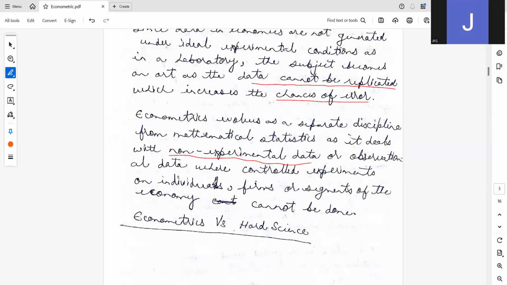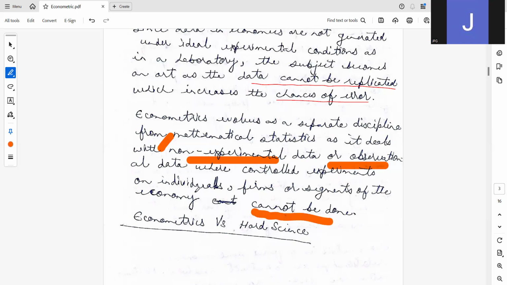So if I speak of econometrics, it has evolved as a separate discipline from mathematical statistics as it deals with non-experimental data. Right? So this is not data or observations which you have collected through experimentation in closed rooms. It is non-experimental, observational data, where controlled experiments on individuals or firms or segments of the economy cannot be done.